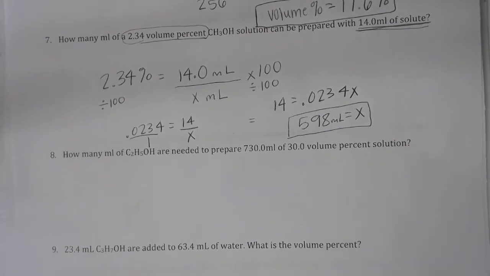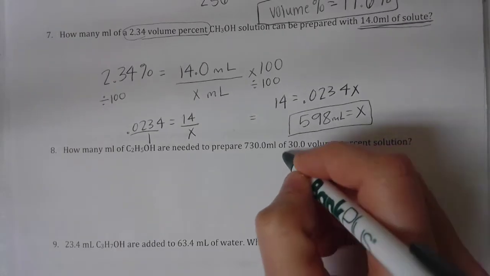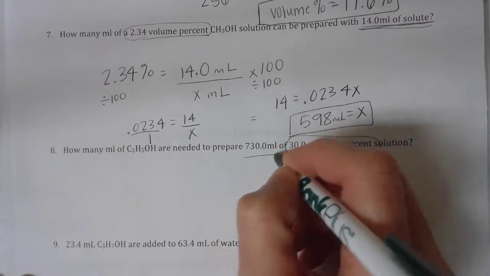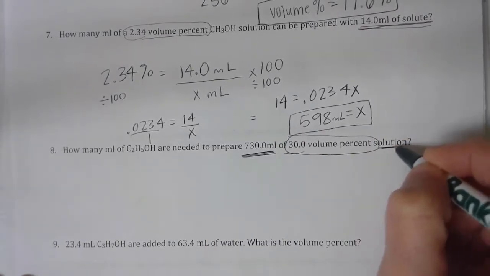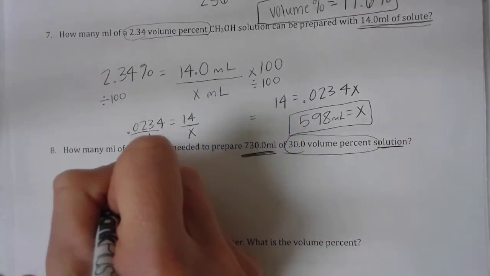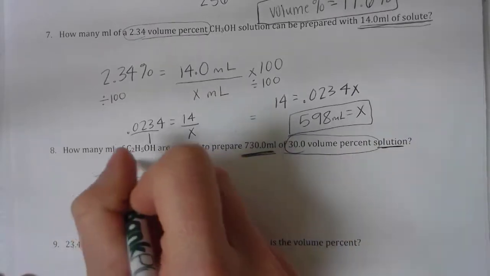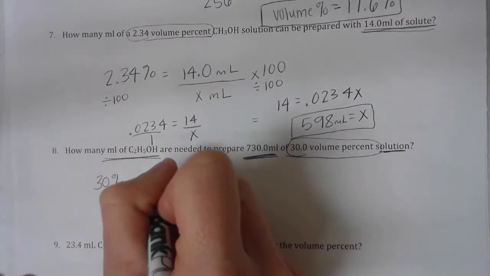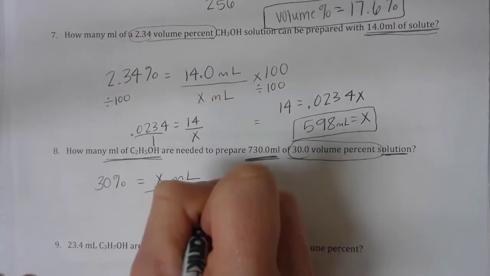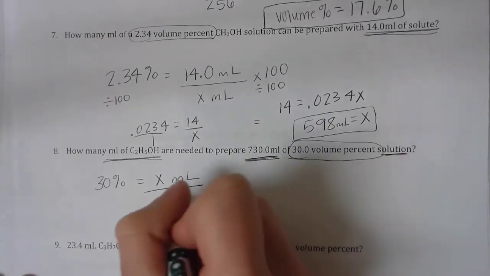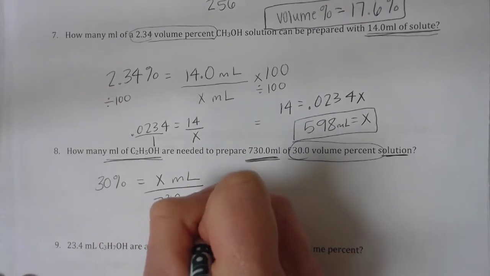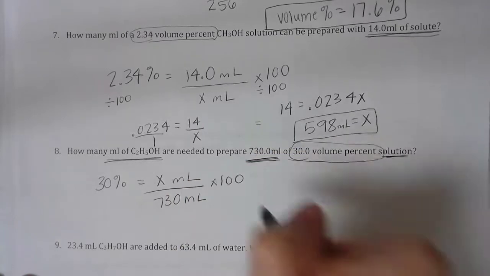For the next one, still volume percent, but they give you the volume percent, and right here they're giving you the solution. So I'll just plug the 30 in. 30% equals, we're looking for my solute, so x milliliters over 730 milliliters times 100. Don't forget that.